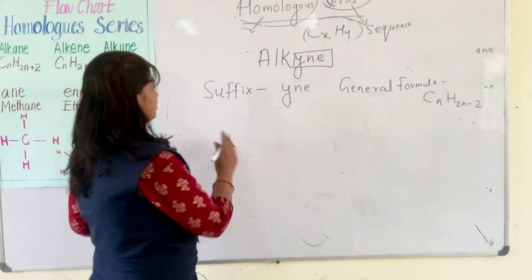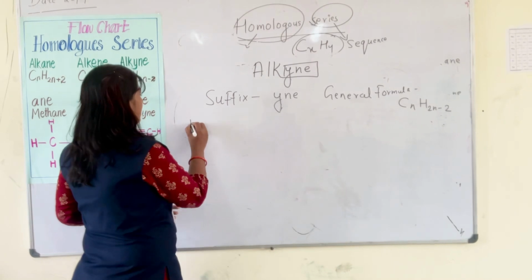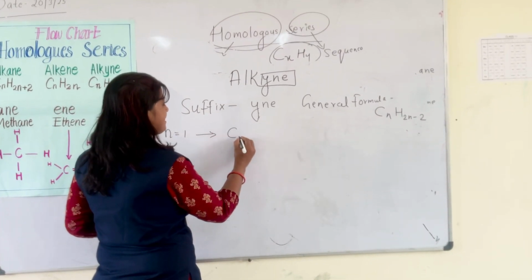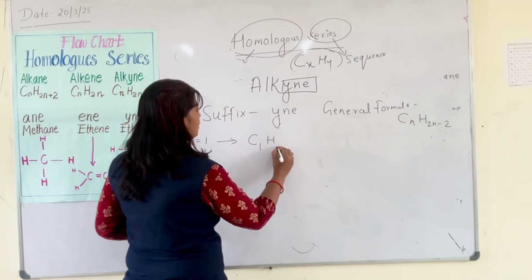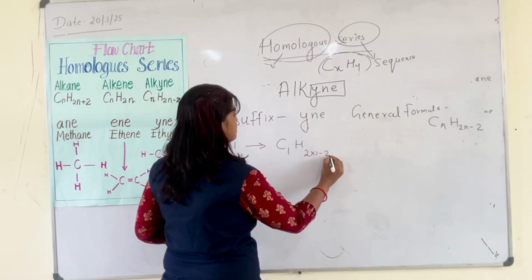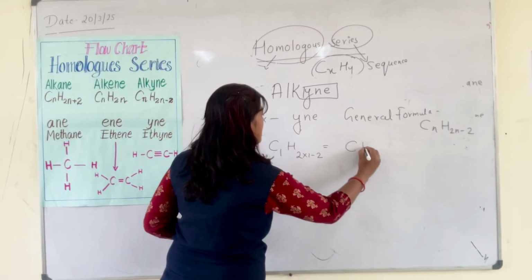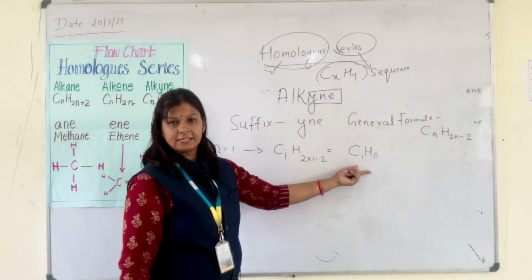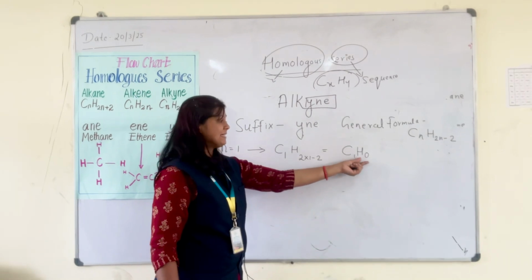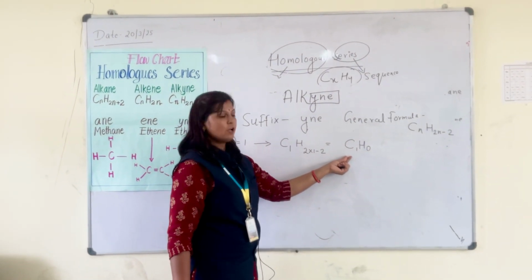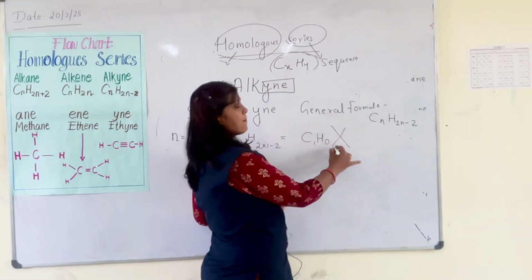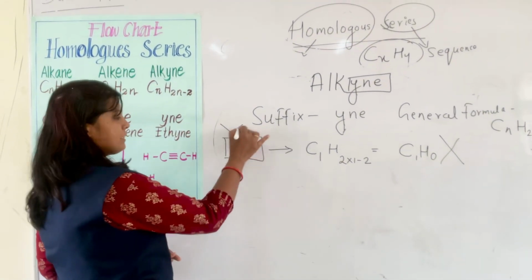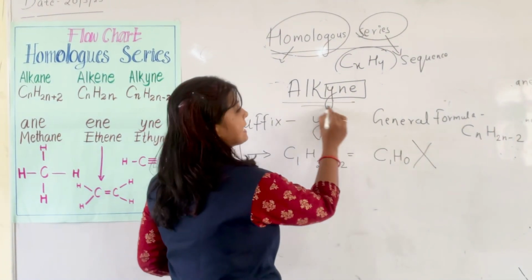Clear? Now the first member, again we will see n equal to 1. So we put C1, hydrogen 2 into 1 minus 2. So hydrogen will be 0. Is it possible? Hydrogen is 0. Does it stabilize the carbon? Not at all. So this is completely wrong. So n equal to 1 is not at all possible for alkyne.